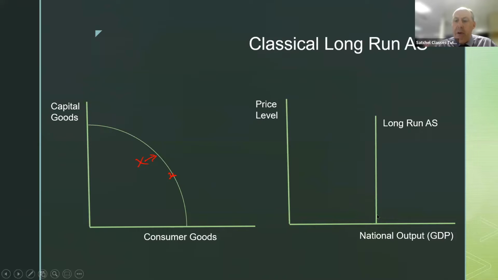We've got no unemployment at that point. There is no one left to recruit into the business to increase productivity or increase production. And so the long run AS curve is vertical. That means we cannot produce any more than that.